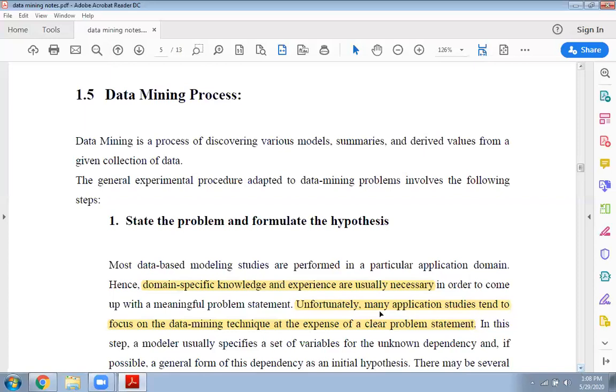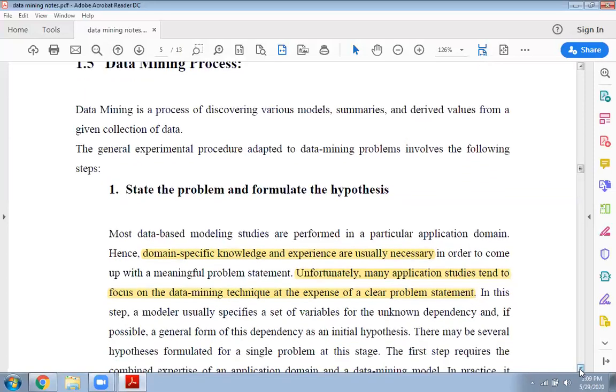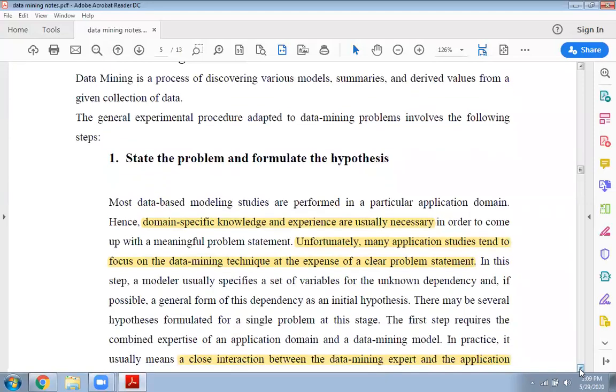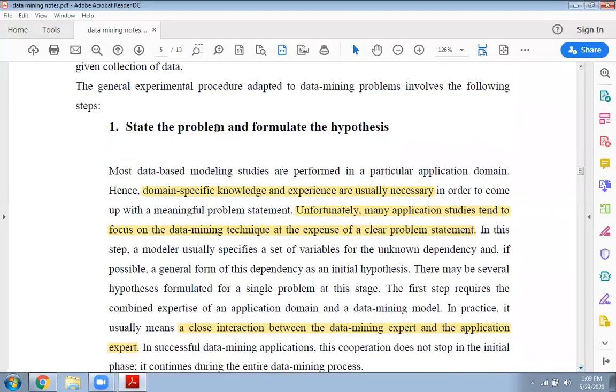First, if you are working on Big Bazaar data, you know it is a large data, so how will you perform data mining? The first thing is you should know the problem and formulate the hypothesis. You have the data, you have a data science expert, you have everything, but you do not know why you are doing the data mining. So your problem should be stated very clearly, for what purpose you are carrying out the data mining.